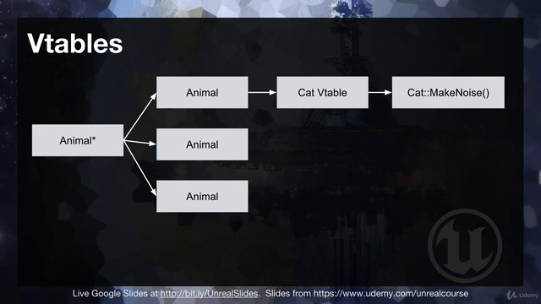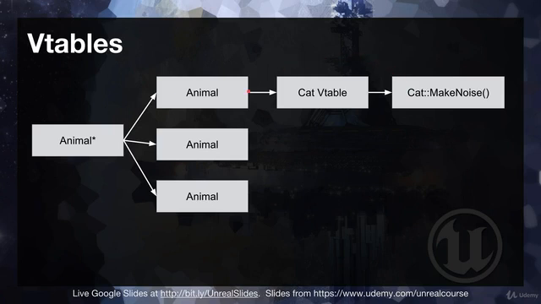So if I'm a piece of generic code that's just got an animal pointer and I want to call the make noise function, what I need to do is go and look at my animal, go and find its vtable. Then from the vtable, I look up the line that corresponds to a make noise function, very much like looking in the index of a book.